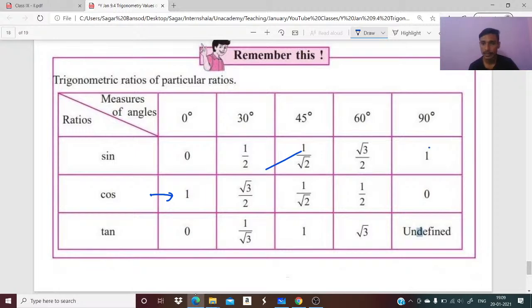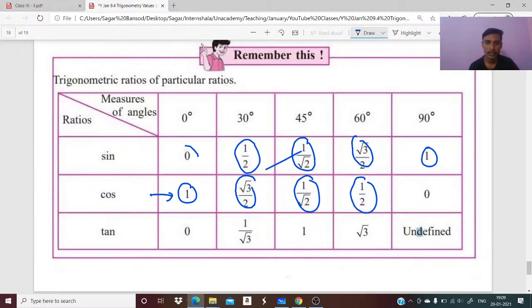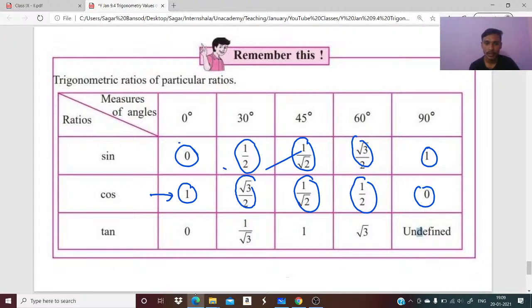This is 1, so this is also 1, then root 3 by 2, so this is also root 3 by 2, then 1 by root 2 and 1 by root 2, then half and half, and 0 and 0. So we go to the right on the sine, and come to the left on the cos.